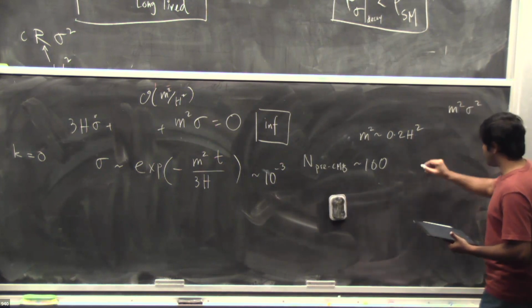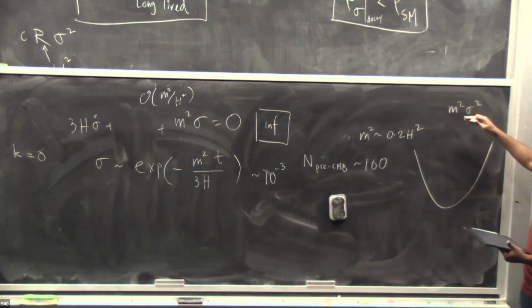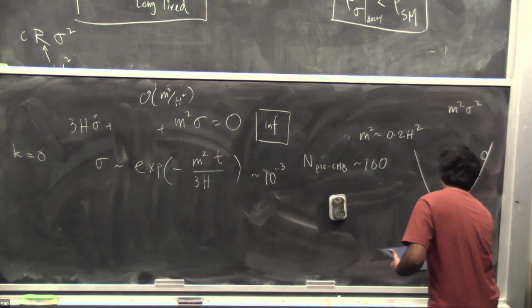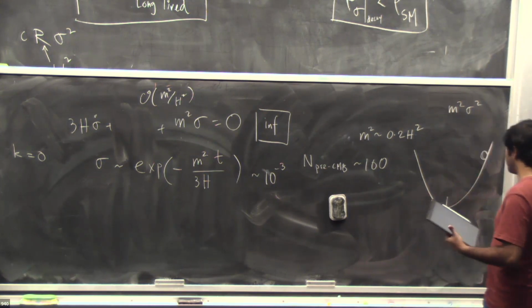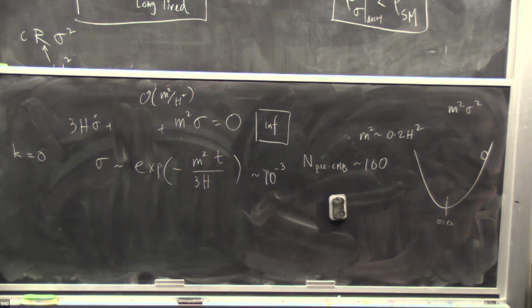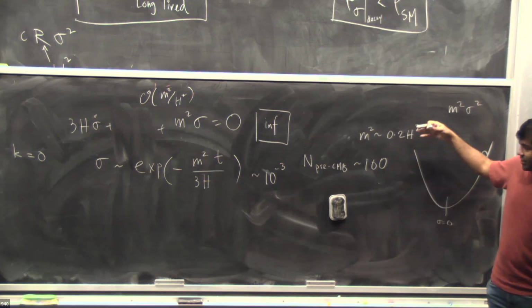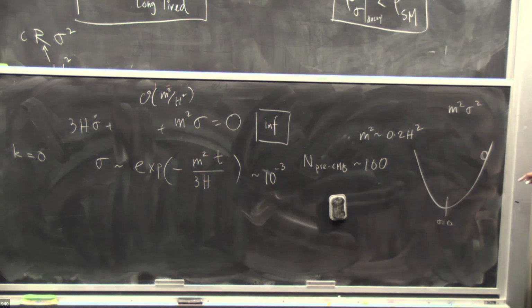Okay, so what that means is that if you just focus on this potential, maybe at some point the field was sufficiently shifted from its minimum. Let me just call this minimum sigma equals 0. But as the universe was going through these pre-CMB inflation epochs, this field will gradually start coming down towards the minimum because the amplitude is getting exponentially diluted.